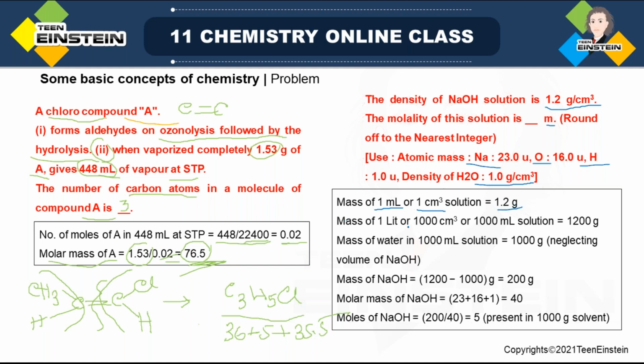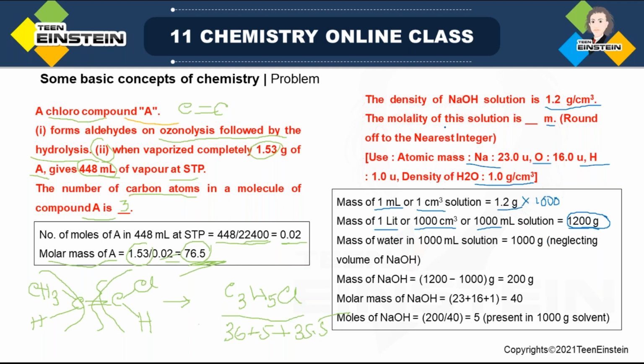But we need the mass of 1 liter, or 1000 cm cube, or 1000 ml. All these are the same. It should be 1200, because for 1 ml it is 1.2, so for 1000 ml it should be multiplied by 1000. So now the mass of solution is 1200 gram.